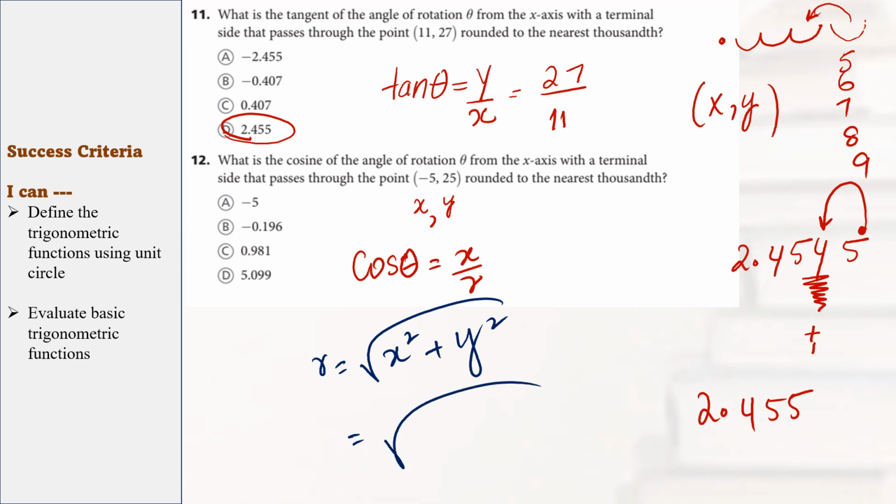So x is negative 5 whole square and y is 25 whole square. Write it in the calculator to get the final answer. Okay, our answer is 5 square root 26.